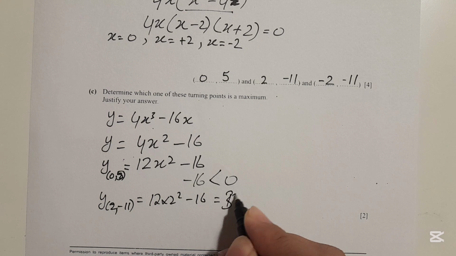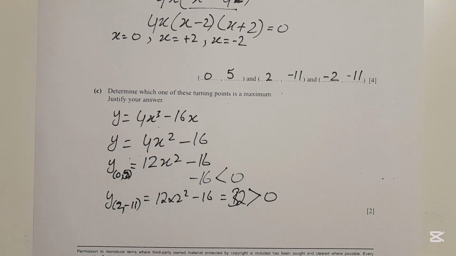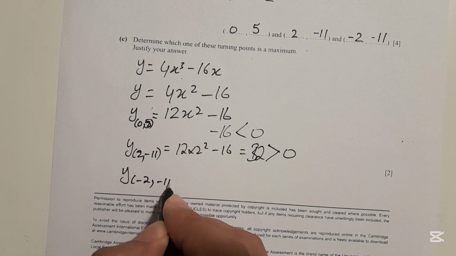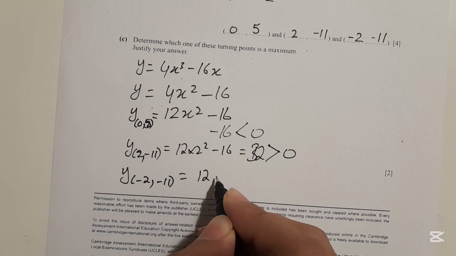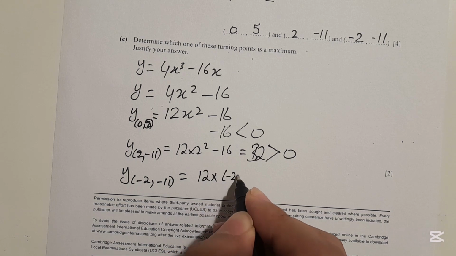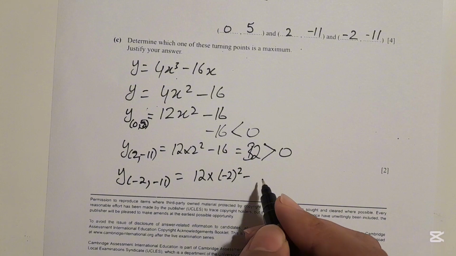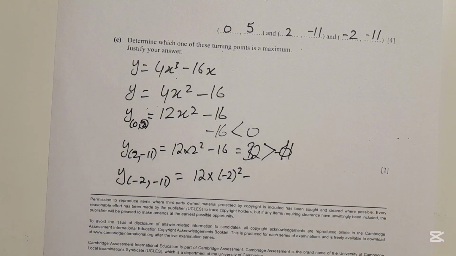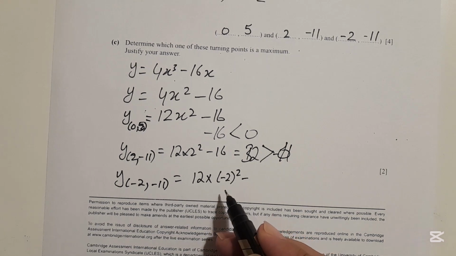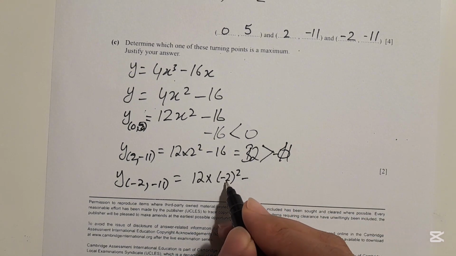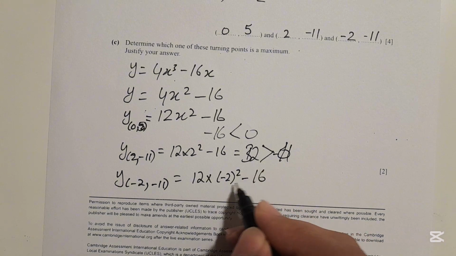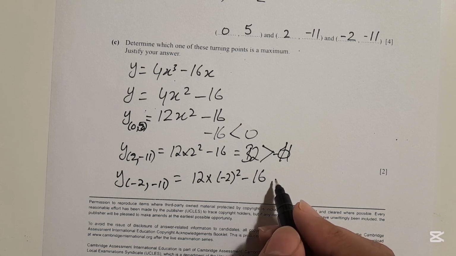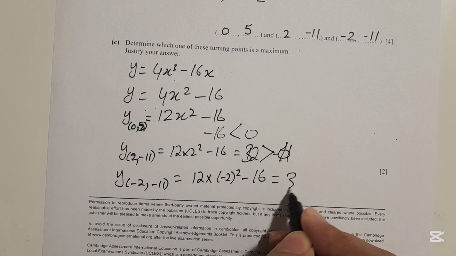So 32 is greater than 0. And for the last one, the point minus 2 and minus 11: 12 times minus 2 square, 48 minus 16, it will be 32.